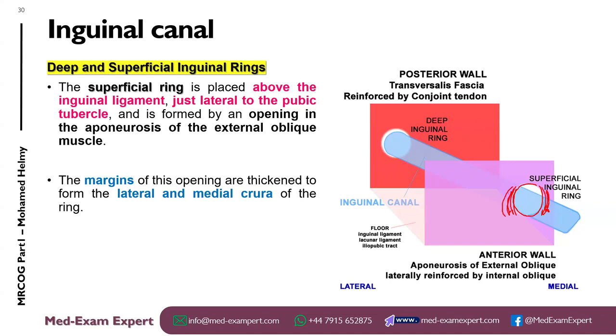I mean that the aponeurosis of the external oblique muscle is thickened around this ring to form what we call the lateral and the medial crura of the ring. So we have a lateral crus and a medial crus for the superficial inguinal ring.